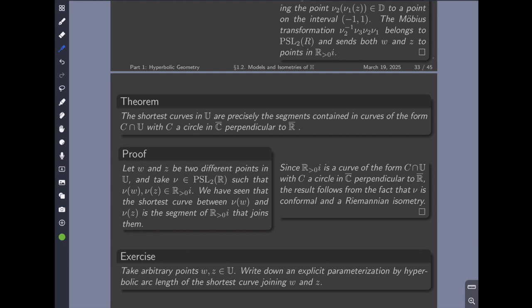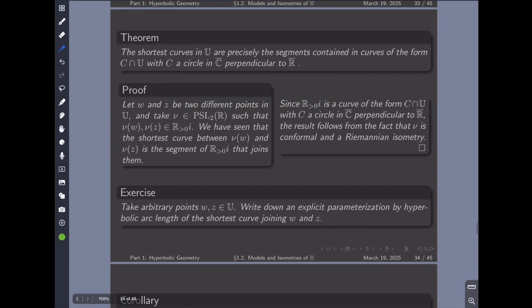I already did all the job because I just used the fact that the Mobius transformations that do the job send circles in C bar to circles in C bar and are conformal. So there's really not so much to do.